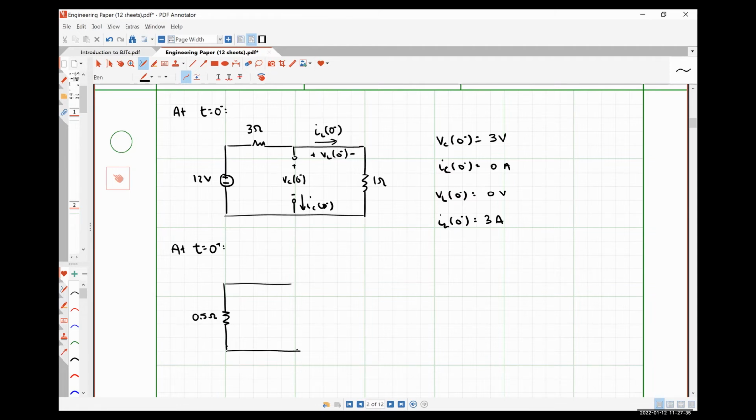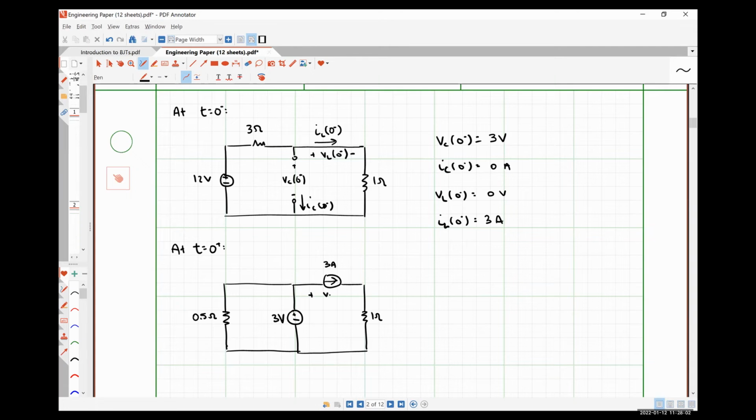Since the capacitor voltage was 3 volts, I am going to model that as a 3 volt source having the same polarity as VC. Our inductor current was 3 amps, so I'm going to model that as a 3 amp source having the same direction as IL. And then here is my 1 ohm resistor.